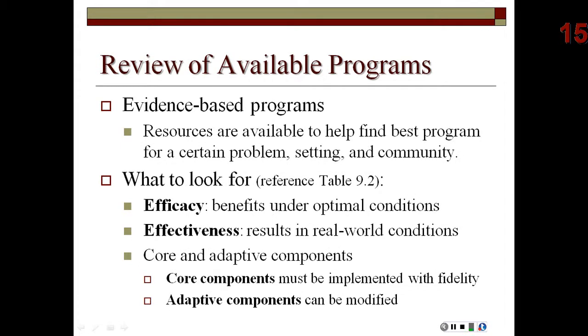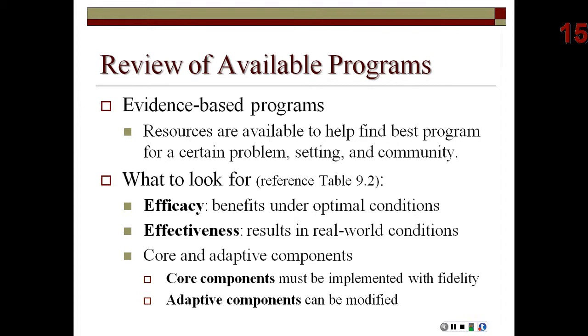Then you have to review available programs. So if you want to implement a program, you have to review what's available. And two key definitions here to look for under reviewing types of programs are efficacy and effectiveness. And so the efficacy is the benefits under optimal conditions. So this is sort of the first experimental piece that we talked about earlier.